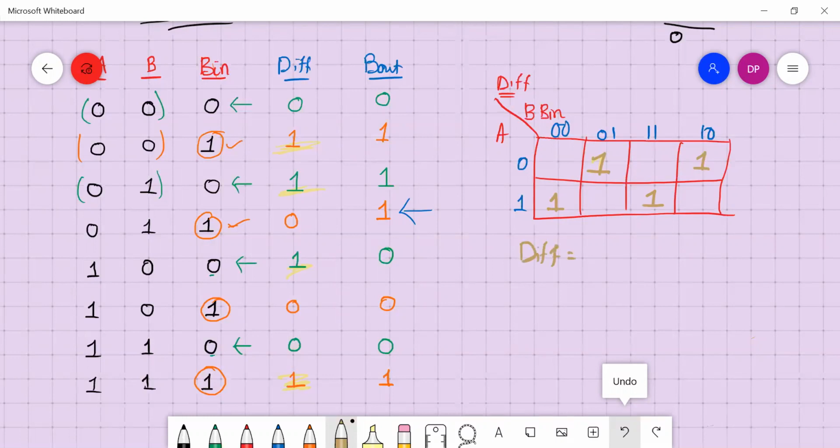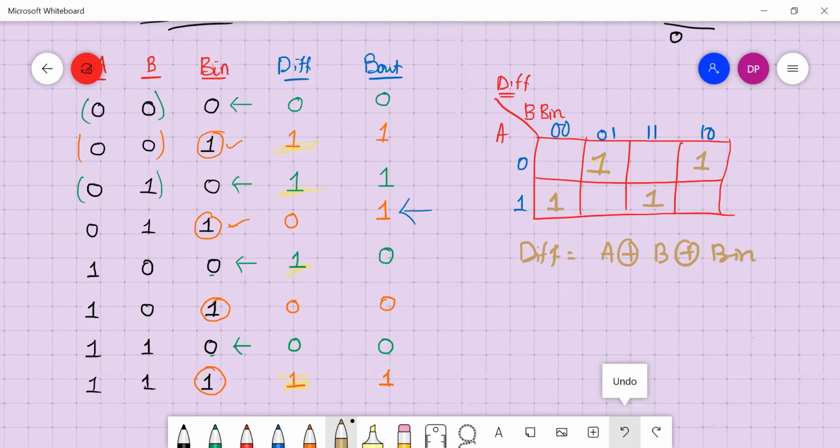We have a similar kind of table solved in the previous class for full adder. The answer will be A XOR B XOR C. We see the variable name is previous borrow, B in. So we got an expression for the difference of full subtractor.